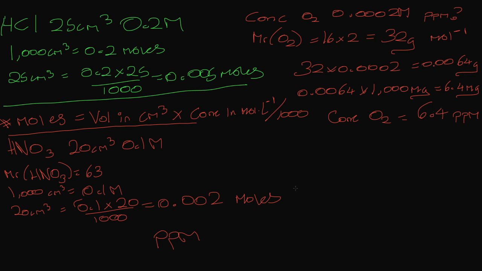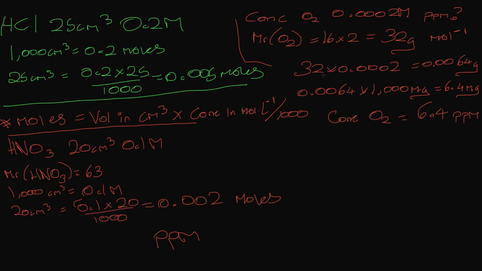Let's just run through that again. I'm going to clear everything out of the way. We had the concentration of O2 as 0.0002 moles, and we wanted to get it in parts per million. We got the molar mass of O2, which is 32 grams per mole.